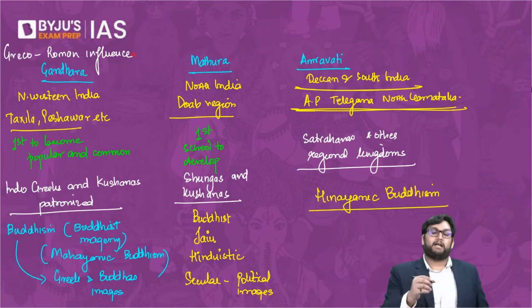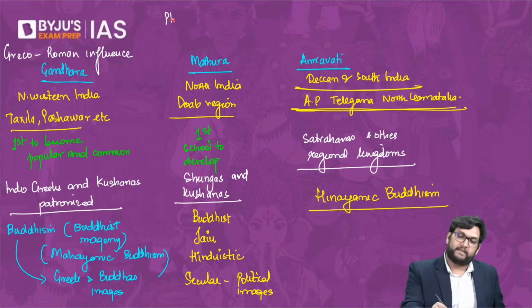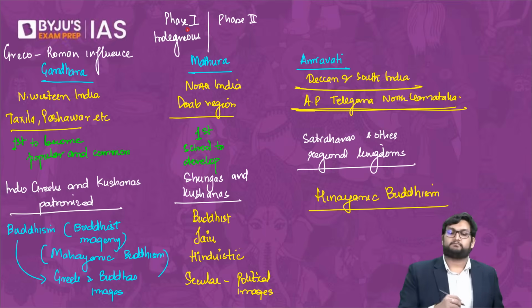And in Mathura, there are two phases, phase 1 and phase 2. Phase 1 is indigenous. Phase 2 is when Gandhara influence starts to come under the Kushanas. Kushanas consolidate this whole sector, so Gandhara influence comes.